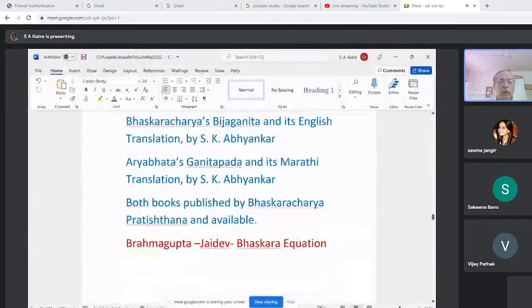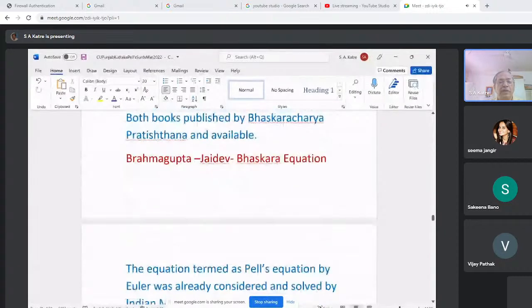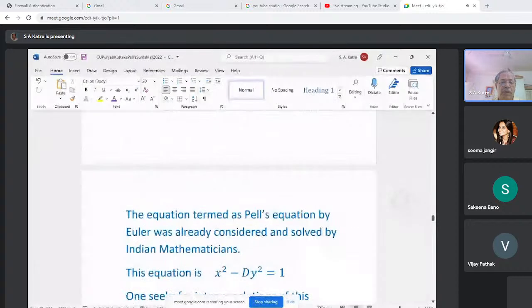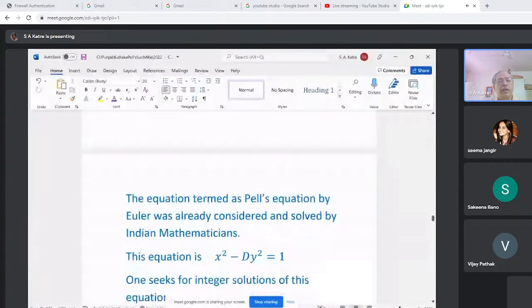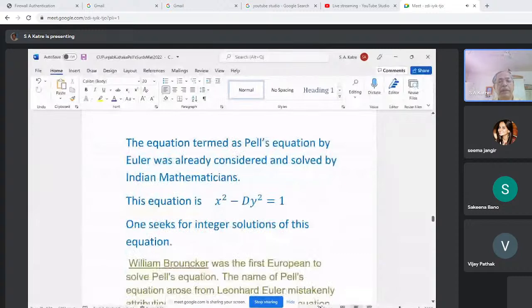Then Jaidev contributed more to it, and Bhaskaracharya gave the final touch, and so it is called the Brahmagupta Jaidev Bhaskara equation. This equation was termed Pell's equation by Euler earlier, and it was solved by these Indian mathematicians, mainly Brahmagupta, Jaidev, and Bhaskara.